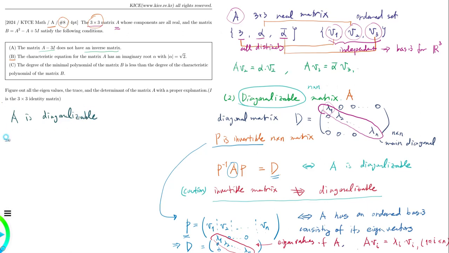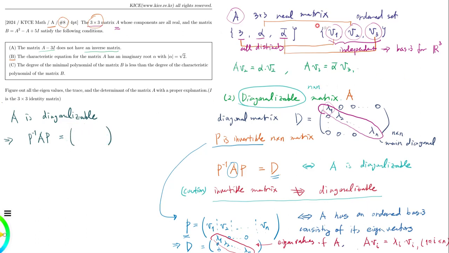So that means we have some invertible matrix P. By multiplying P and P inverse on its right and left hand side respectively, we get a diagonal matrix here.